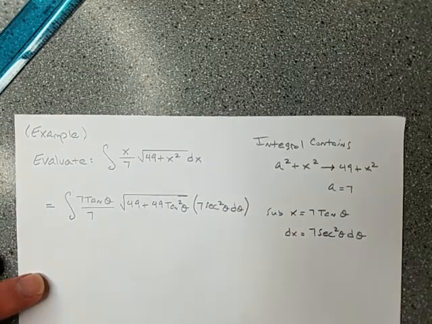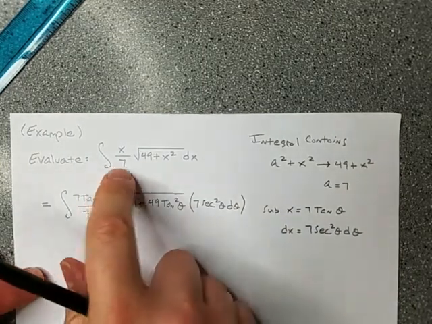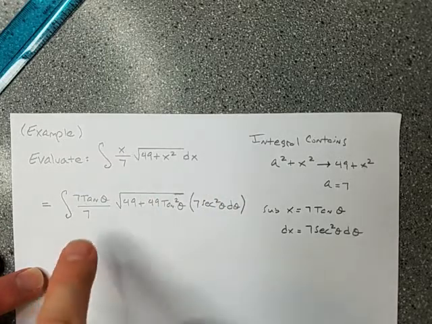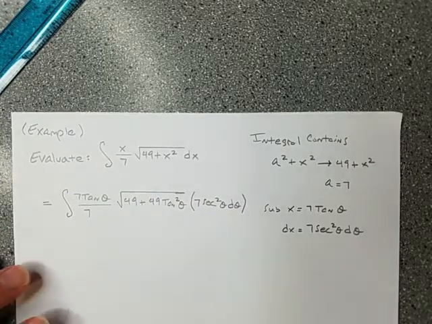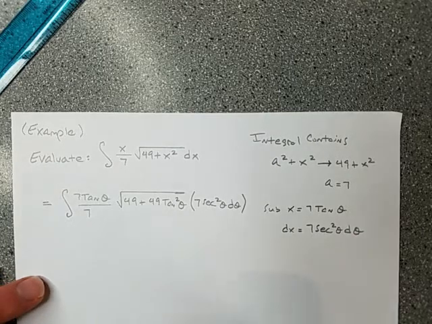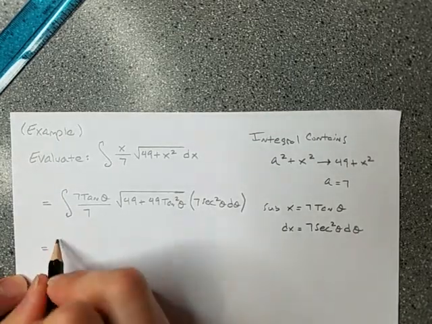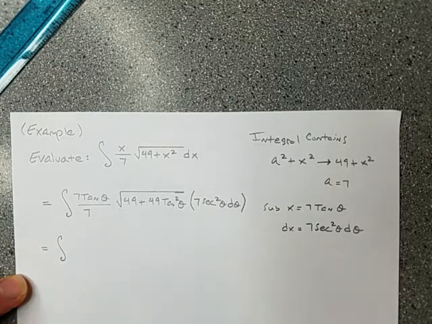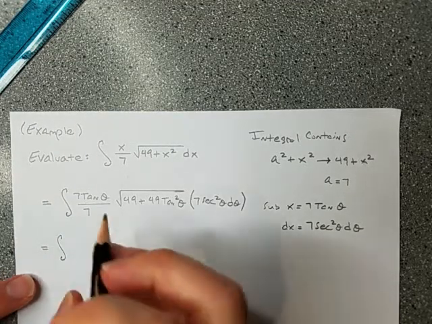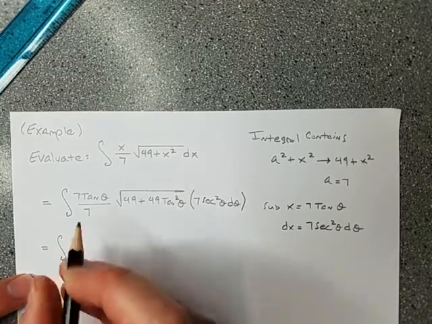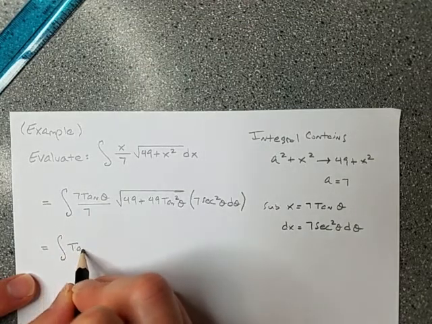Okay, so now it's all been done. It was in terms of x and the differential dx. Now it's in terms of theta and the differential d theta. What can we do with that? Let's look at it one little piece at a time. The 7's cancel, and I get tangent theta.